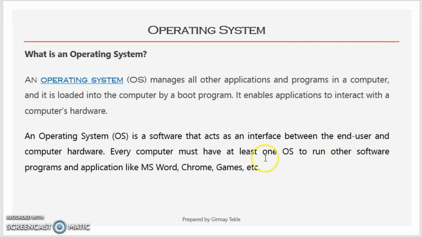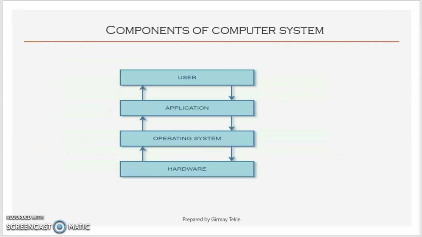Then the other issue: we already know that a computer system always has components. There is the user and there is the hardware. The hardware is very important, the users are very important, they must be there.